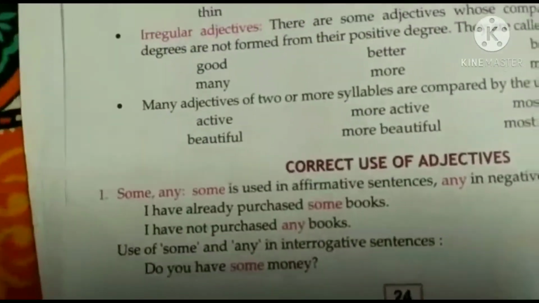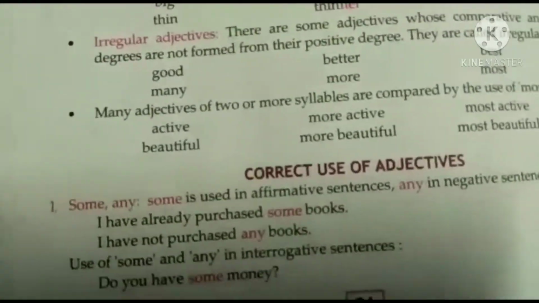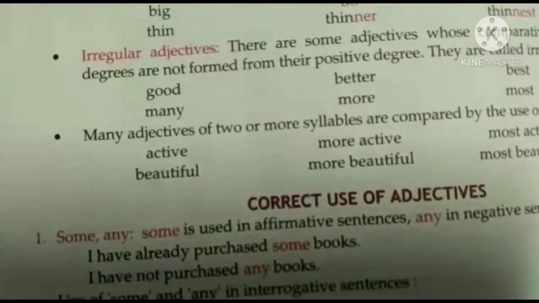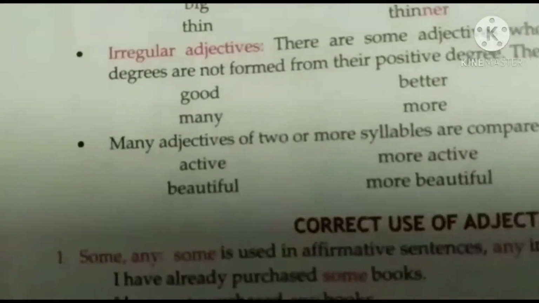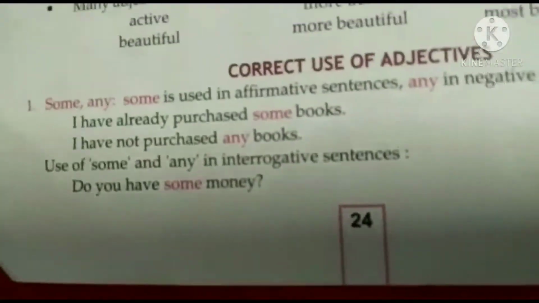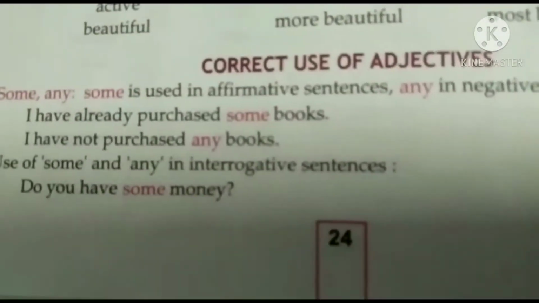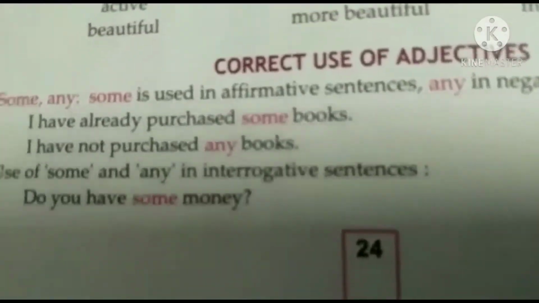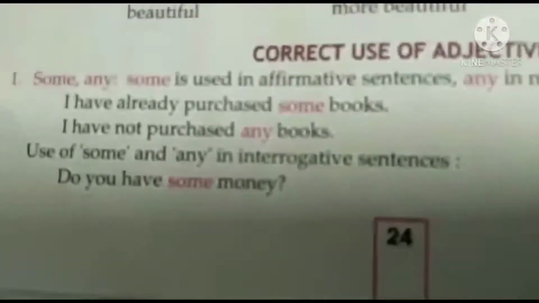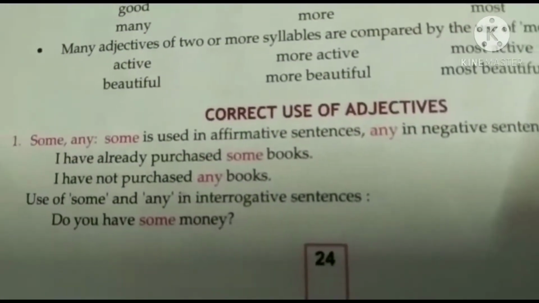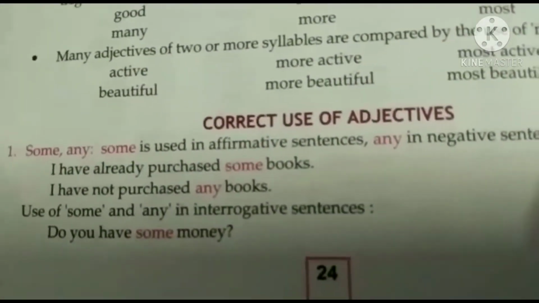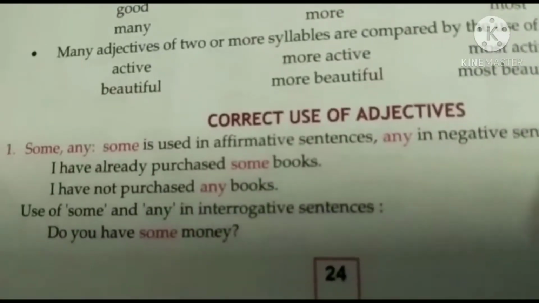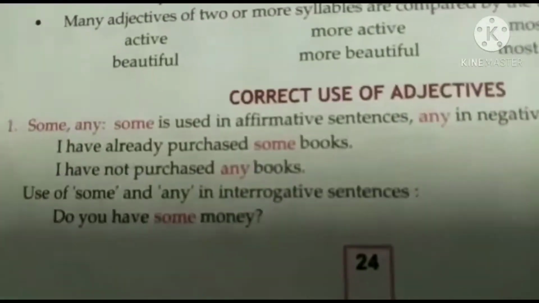So some is used in the positive case and any in the negative case, but sometimes the rules are crossed. We do not say this one rule is always correct. Sometimes the rules differ from the book rules. So whenever you find some and any, first of all see the sense, not the sentence. In which sense is the sentence speaking? I hope you are clear.